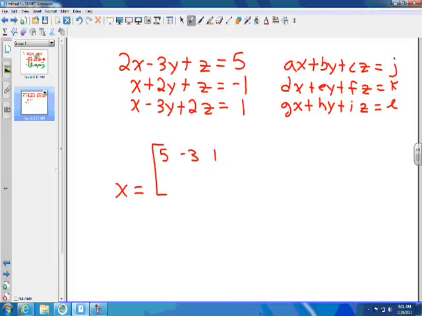Now, I will say, too, if this one was JBC, your next one's going to be KEF and LHI. It's going to be in the same spot. So once you've got that first one down, you can kind of know what your other ones are going to be. So it should be KEF. And what is KEF? -1, 2, +1, and LHI. 1, -3, 2.